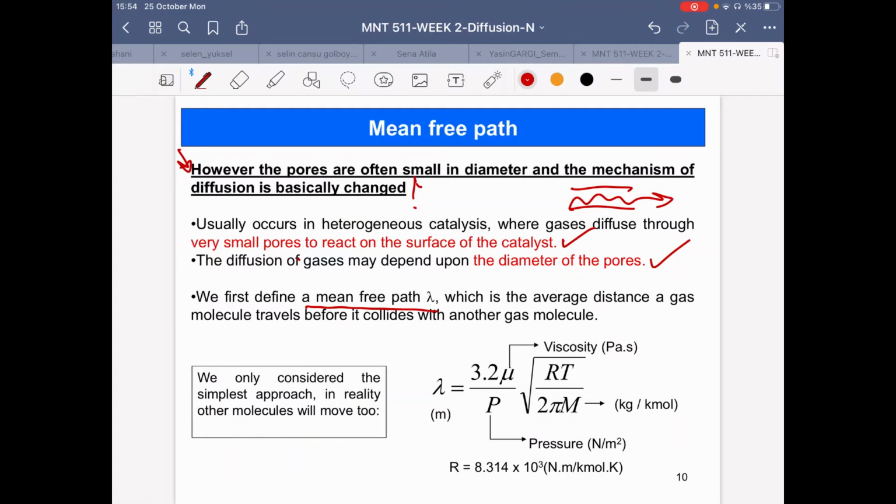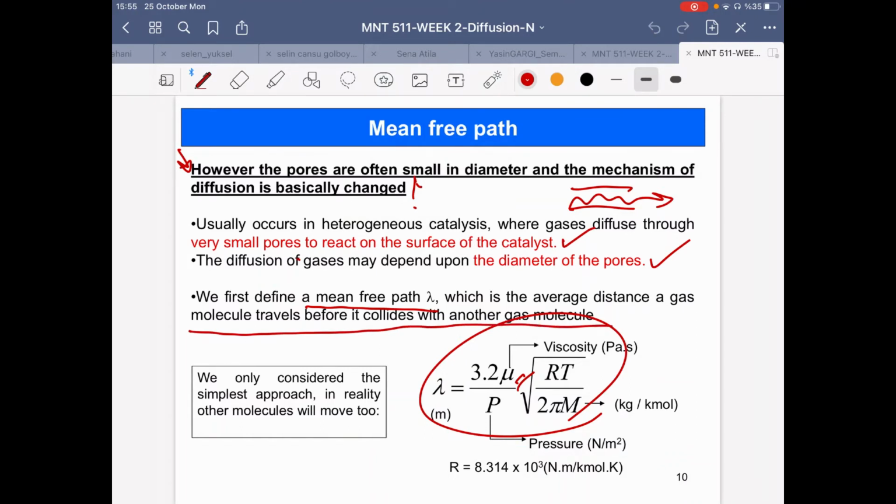Okay, I'm not going to make a derivation for this, you're lucky, but let's say this is the mean free path. There's a viscosity term, and there are all these terms that depend on what we're trying to put into our porous network, this gas molecule or whatever. It is the average distance a gas molecule travels before it collides with another gas molecule.